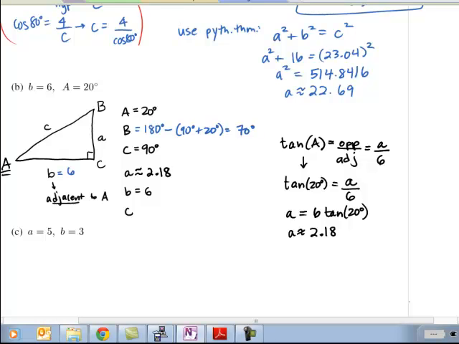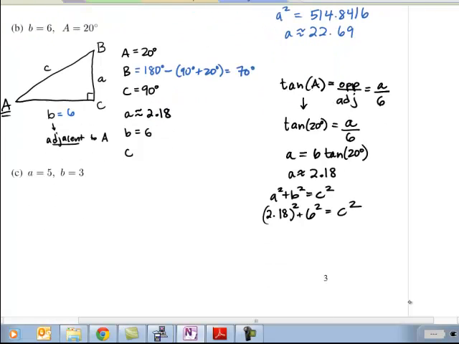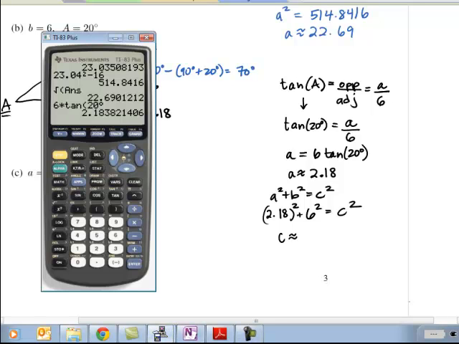And now for the last side, we'll use the Pythagorean theorem. a squared, 2.18 squared. b squared is 6 squared. And then we'd grab a calculator, add those together and take the square root.